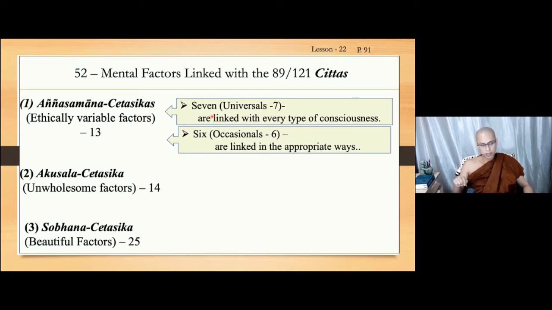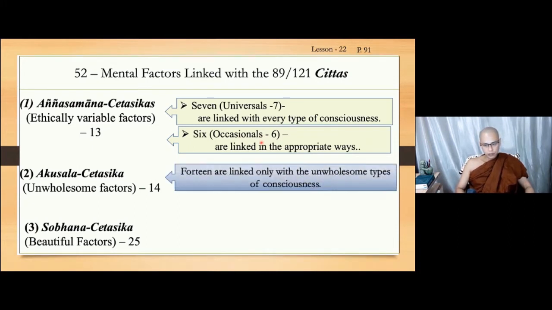For the Cetasikas, you have to be careful about the occasional, Pakinnaka Cetasikas, because they make difficulty in study. Then the other, Akusala, 14 unwholesome, but the Annasamana will follow accordingly.